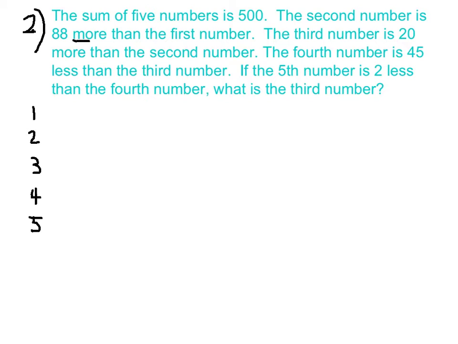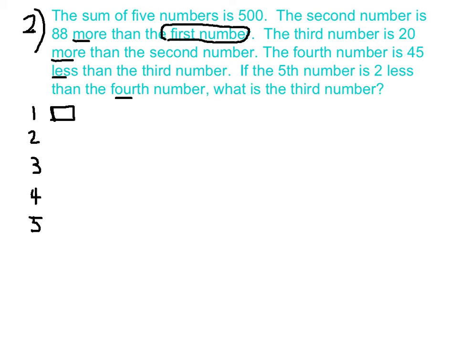The third number is 20 more than the second. The fourth number is 45 less than the third, and the fifth number is 2 less than the fourth. So I think the first number is going to be my smallest amount. I'm going to try that and see how it works out.